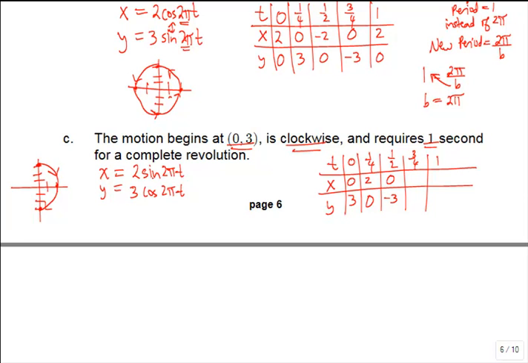Sine of 3 pi over 2 is -1, so this becomes -2. Cosine of 3 pi over 2 is 0. So that's -2, 0 over here. And finally, if t is 1, sine of 2 pi is back to 0 again, and cosine of 2 pi is 1. 1 times 3 is 3, so we're back to our starting point. So we made one full revolution in 1 second. So all three restrictions are maintained.